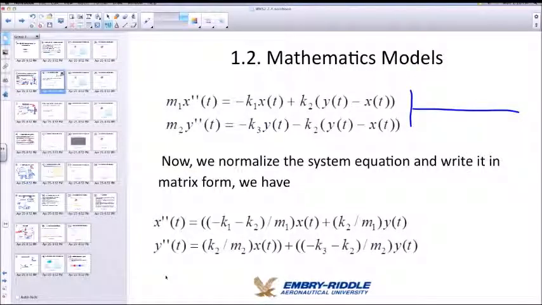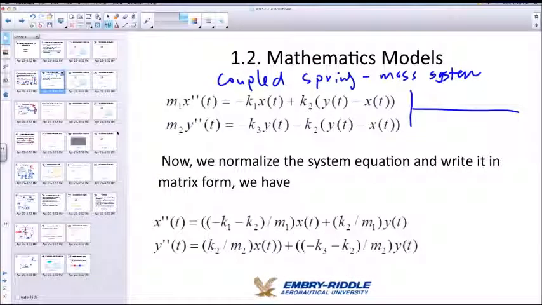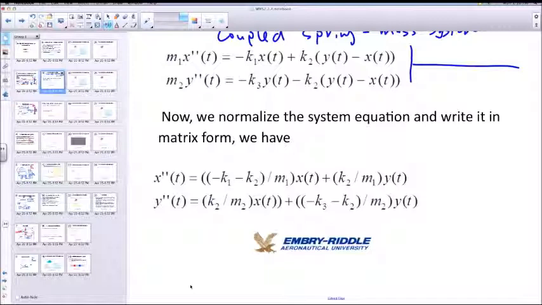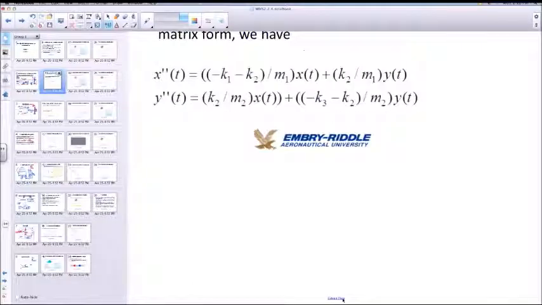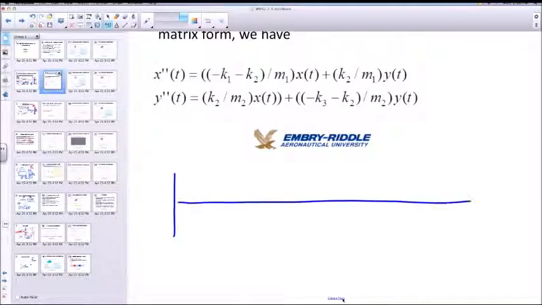I have a coupled spring mass system. The coupled spring mass system is like this. I have a smooth surface, and then I put one spring here.